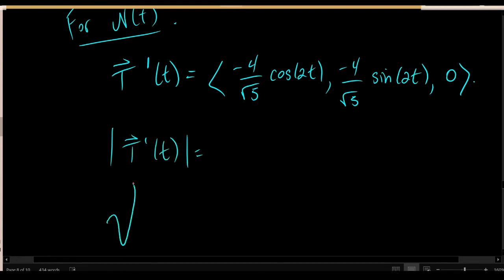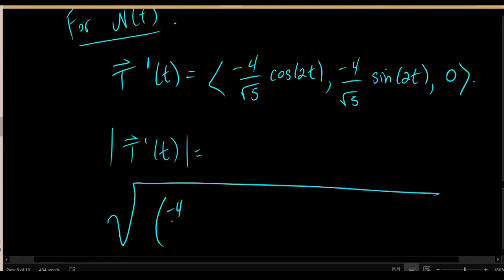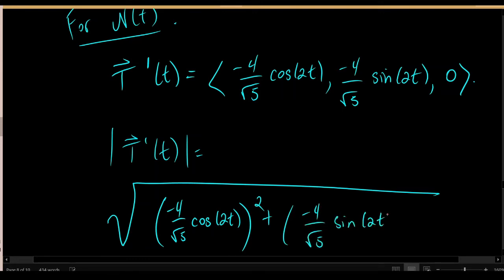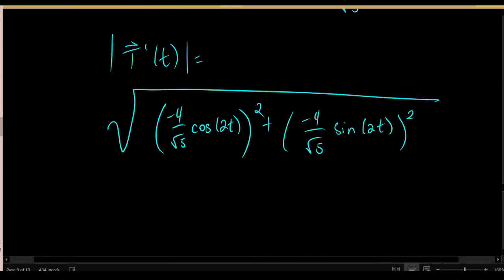So let's take the square root of the x component squared plus the y component squared, and since the z component is just 0, it won't contribute anything to this problem. Let's algebraically simplify this. 4 squared is 16 divided by 5.